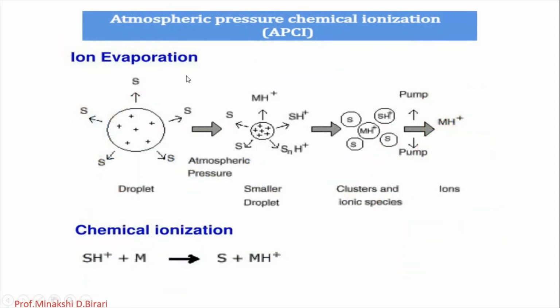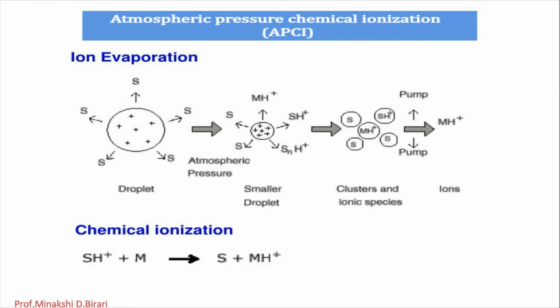So, atmospheric pressure chemical ionization, which includes ion evaporation, is similar to chemical ionization. Here, the corona discharge electrode will ionize the solvent vapor molecules just like the production of primary ions in chemical ionization. Due to collision of the ions and molecules, charge transfer between solvent and analyte takes place, and there is a formation of MH+ ions, positive ions called quasi-molecular ions. In some cases, there may be the formation of MH- ions.